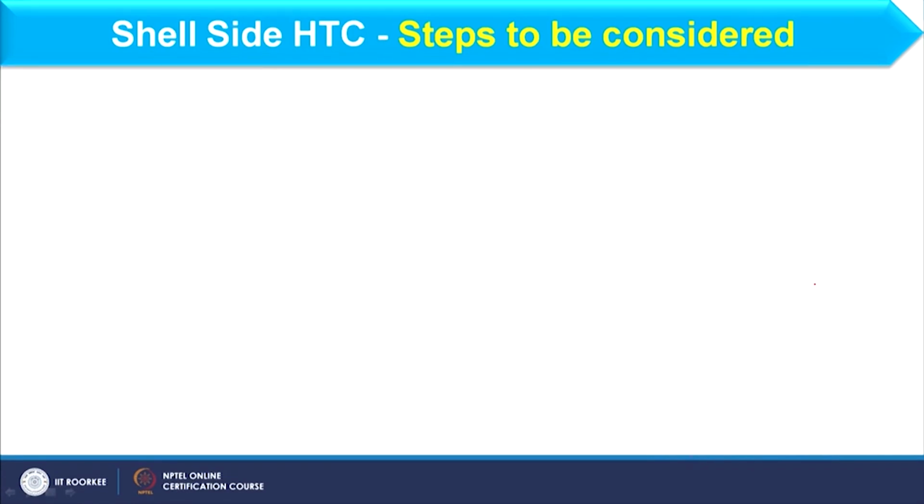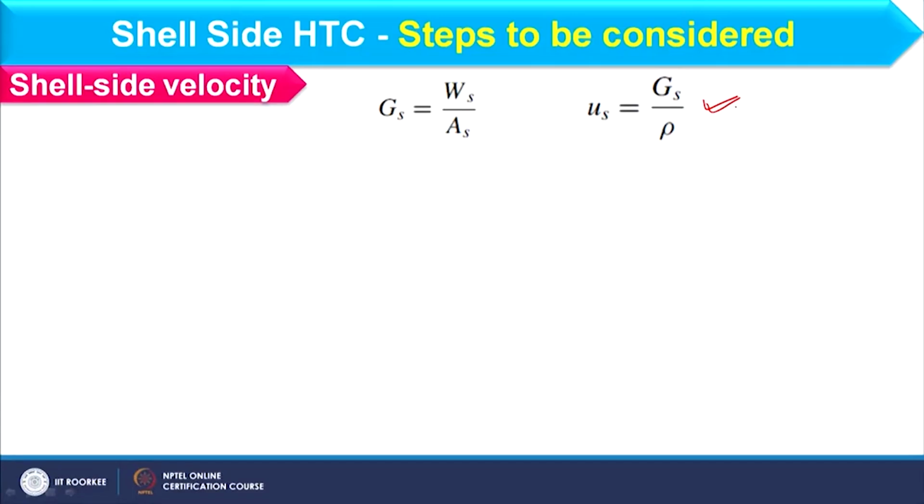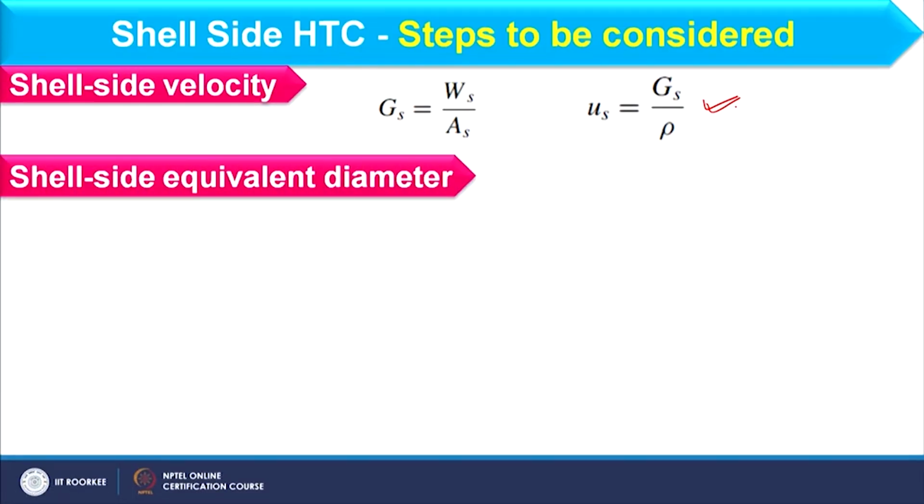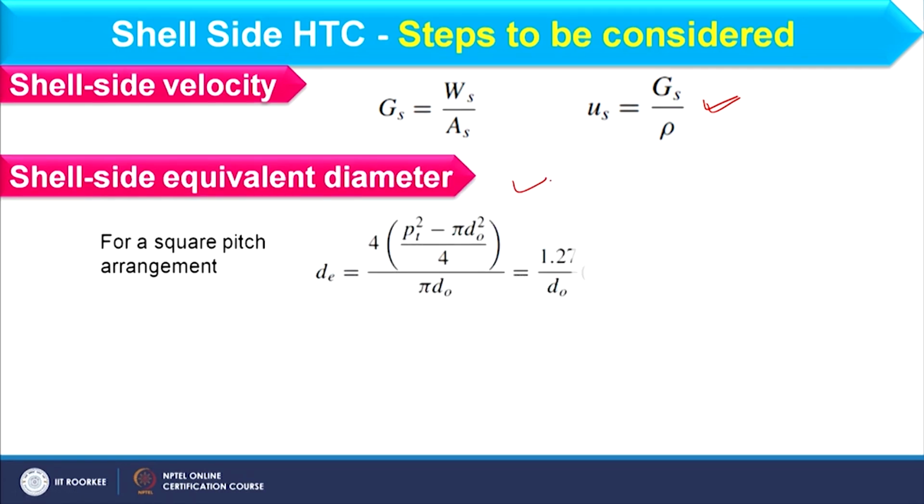Okay. Now, once we have decided the cross flow area, and I already know the mass flow rate, we can calculate the shell side velocity, fine. After that we can calculate the shell side equivalent diameter. It will depend on the type of arrangement.